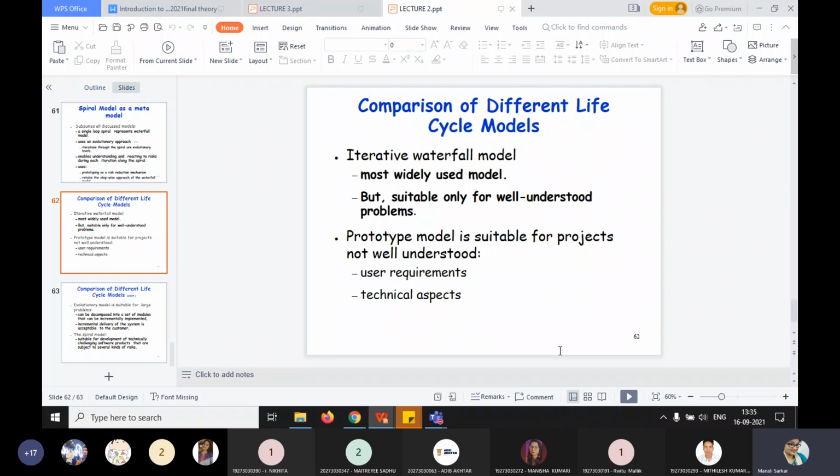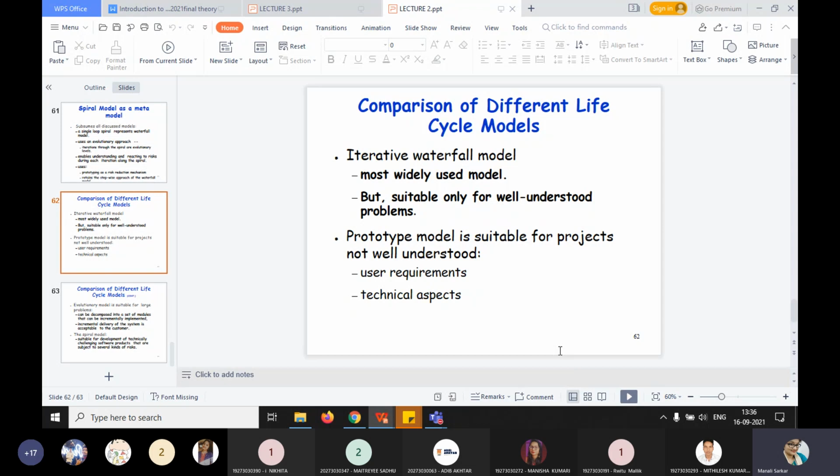Next, the prototyping model is suitable for projects that are not well understood. Whenever the project is not clearly defined by the client, or the client is confused or unable to explain the requirements properly, you can use the prototyping model. Whenever the client sees the prototype, the client will understand, yes, this is not the thing I am demanding.